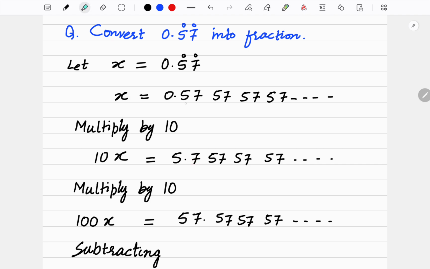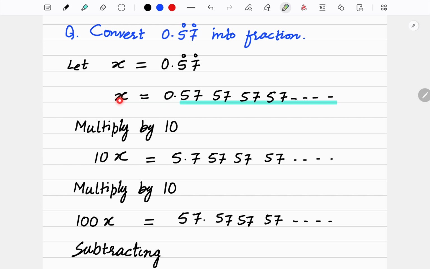Now we are trying to make the same decimal series. The first series is 5 7 5 7 5 7, but the second series is 7 5 7 5 7 5 7. These two series are not the same, so we will keep multiplying by 10.